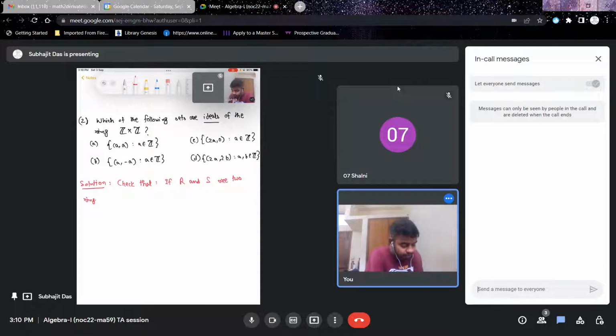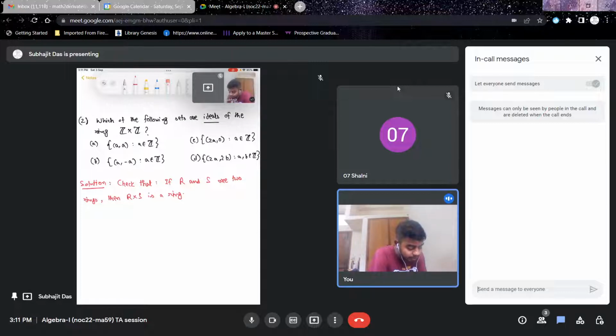So if R and S are two rings, then R cross S is a ring, right? There's no doubt about that. The operations are basically component wise. Addition and multiplication are component wise.